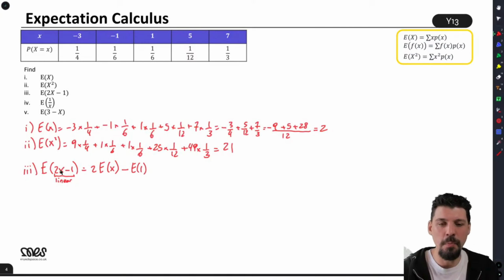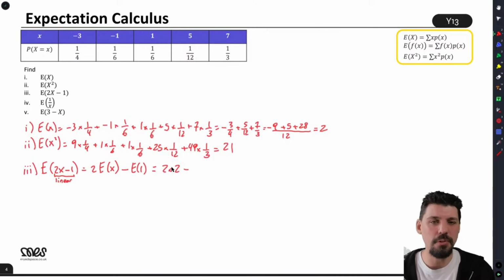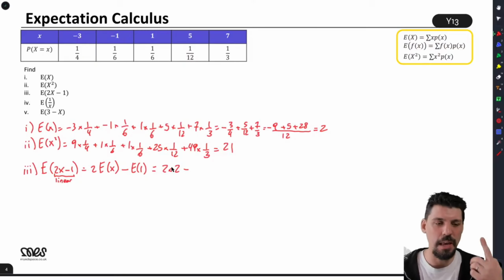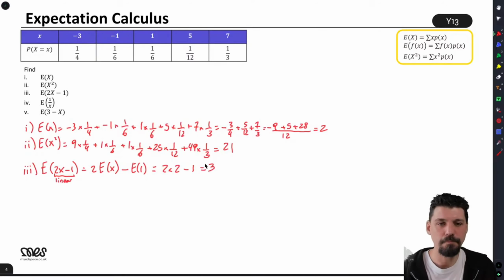I can multiply out essentially the expected value, so it's a little bit quicker. Now the expected value of x is 2. We already established that. And the expected value of 1, well, if I generate a random number and it always comes out as 1, it's basically not random. It's just a number that's 1. So every time I generate this thing, the average value is just going to be 1. So that comes out as 3.